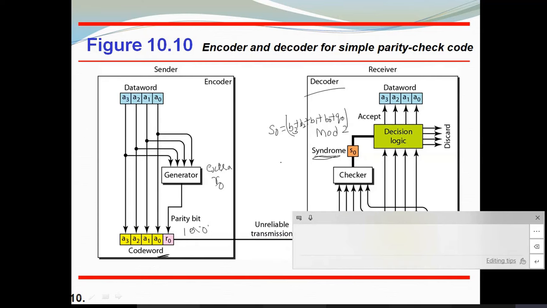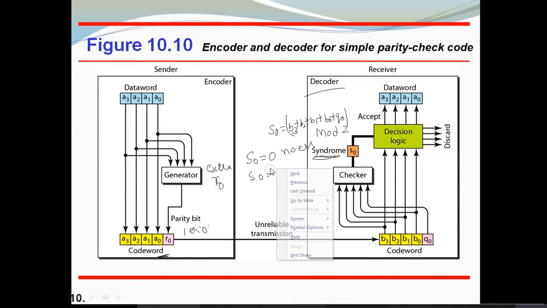Mod 2 is very, very important. If you are getting S0 equal to 0 after the mod operation, that means no error. When you are doing mod 2, the value will be either 0 or 1.